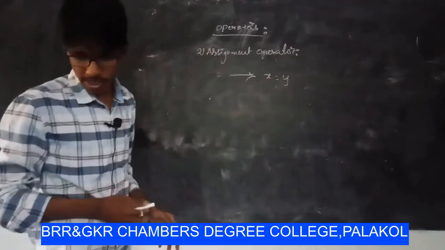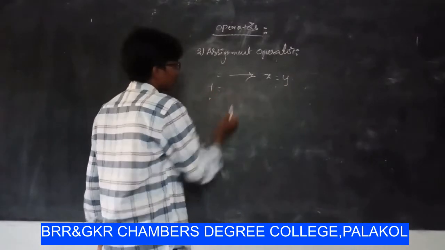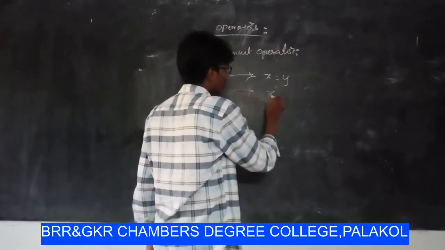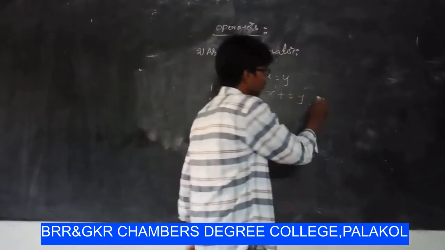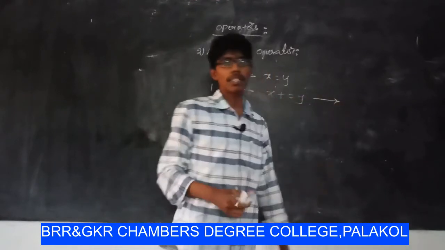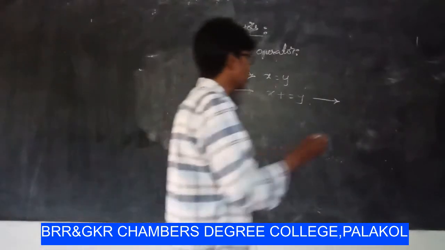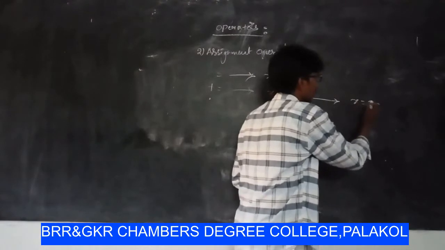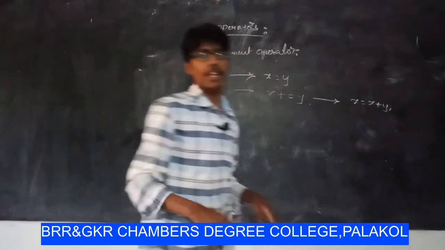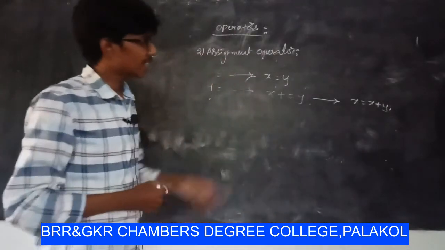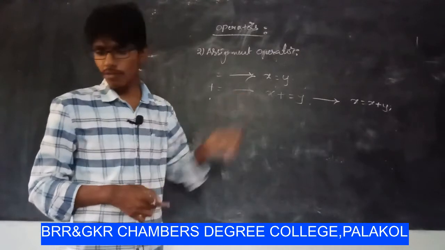The next one is plus equal to. x plus equal to y means x is equal to x plus y. That means x is added with y and the result is assigned to the x value.